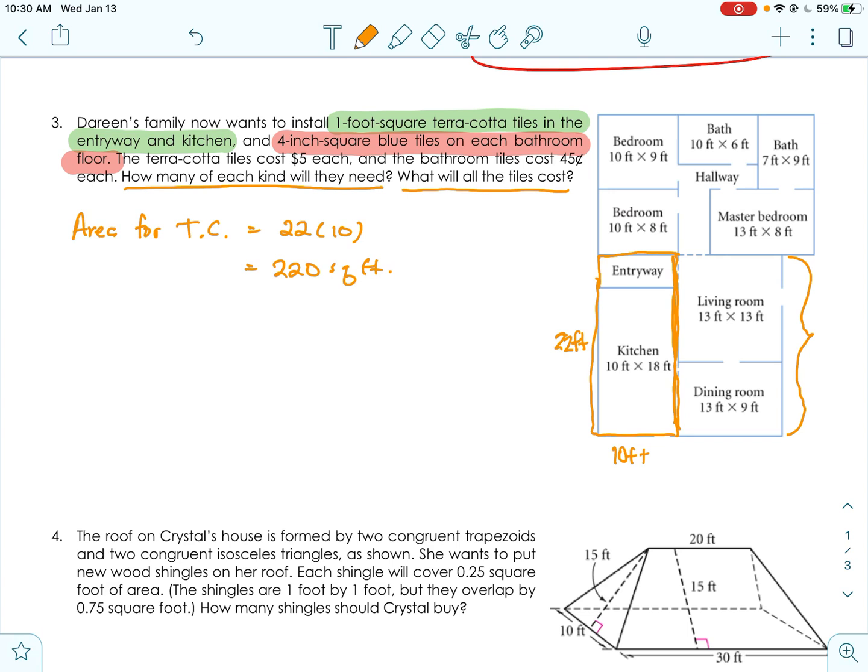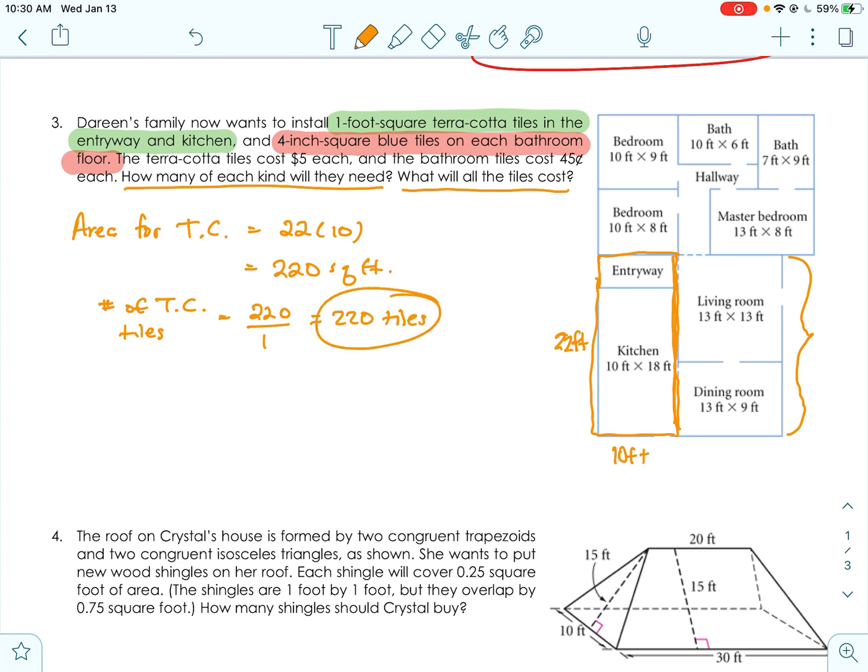Okay, so if we look at this, we have 220 square feet. Each of those terracotta tiles is 1 square foot. So the number of terracotta tiles is equal to 220 square feet divided by 1 square foot, which is equal to 220 tiles.